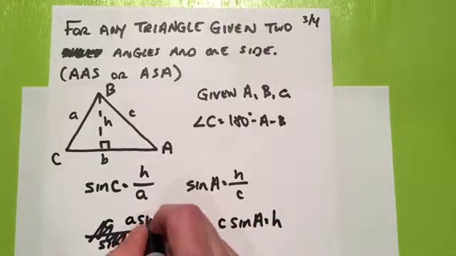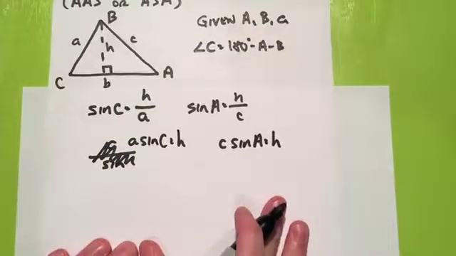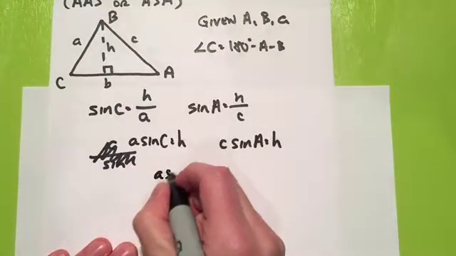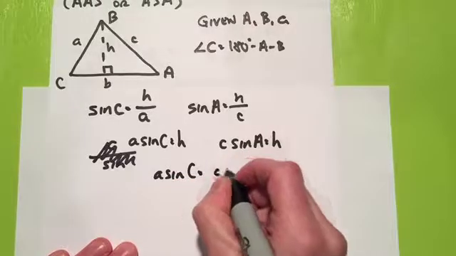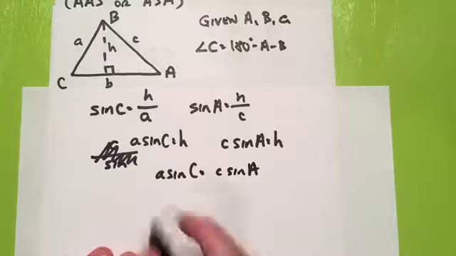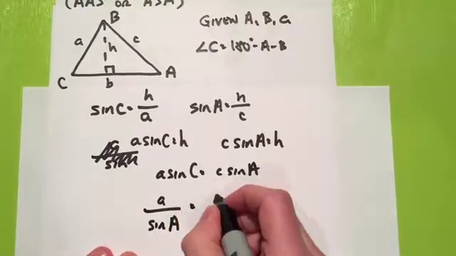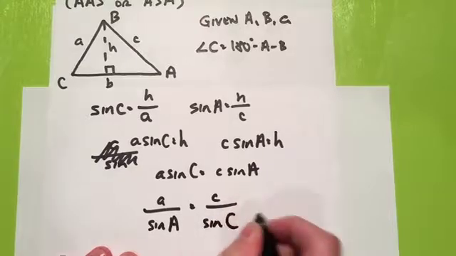We have A sine of C equals h. Therefore, the two things are equal to each other. A sine C equals C sine A. Now, by combining, A divided by the sine of A equals C over the sine of C.